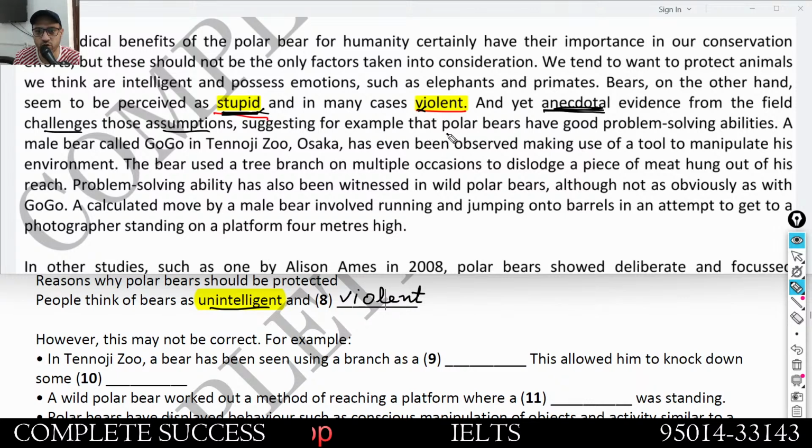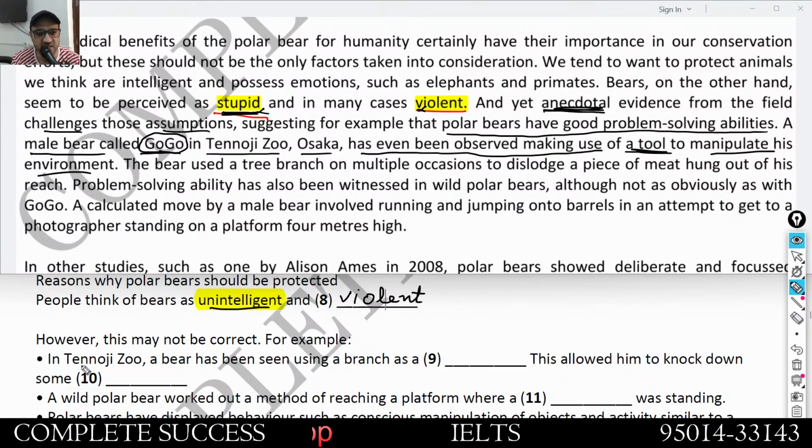Suggesting, for example, that polar bears have good problem solving ability. They have good problem solving ability. A male bear called Gogo in Tennozi Zoo, Osaka, there was a bear, Gogo, has even been observed making use of tools to manipulate his environment. So he also used tools, also made tools to manipulate his environment.